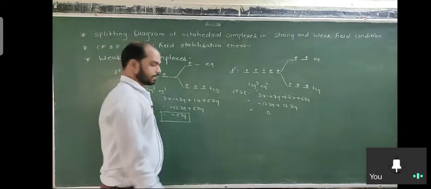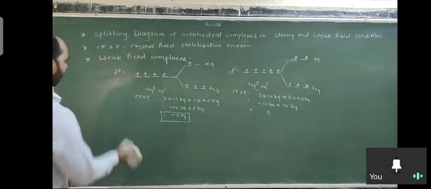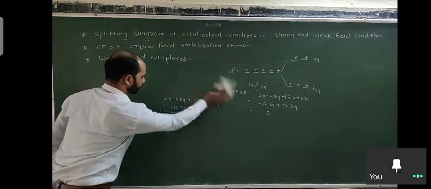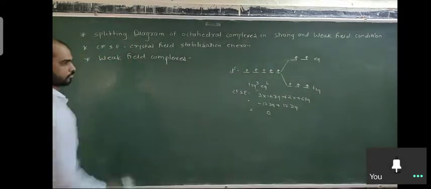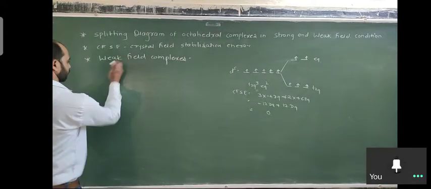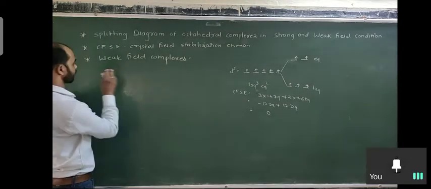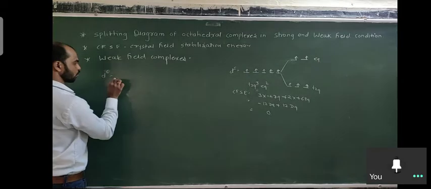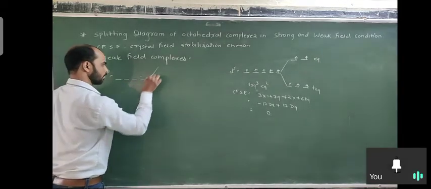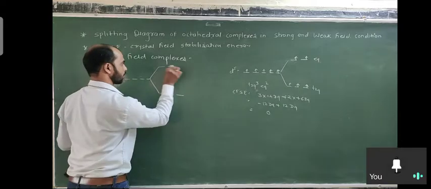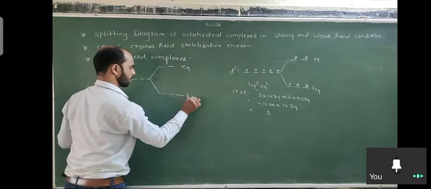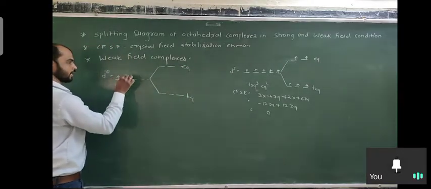Okay. Next one, D7. Sorry, D6 here. 1, 2, 3, 4, 5. 1, 2, 3. EG, T2G, 6 electrons here.